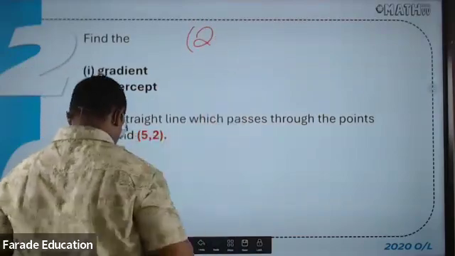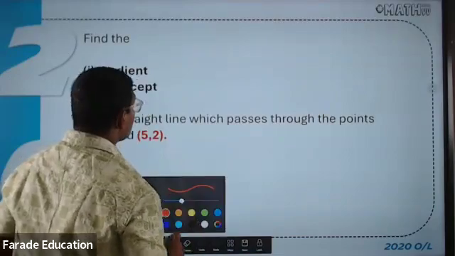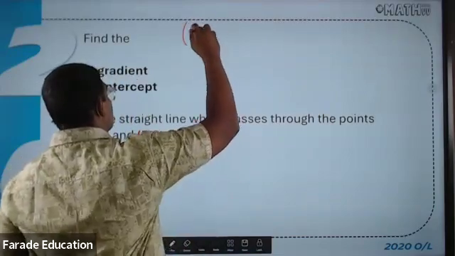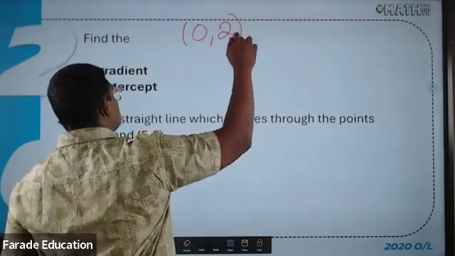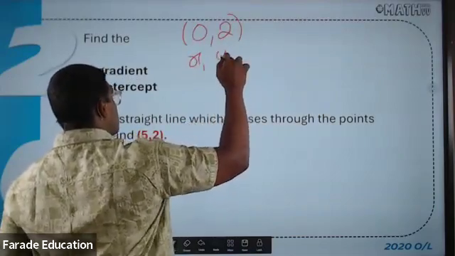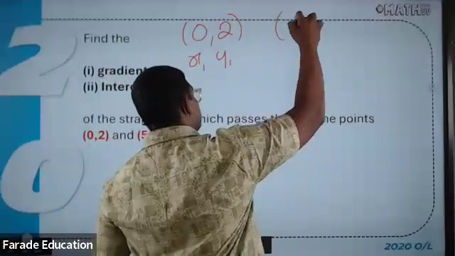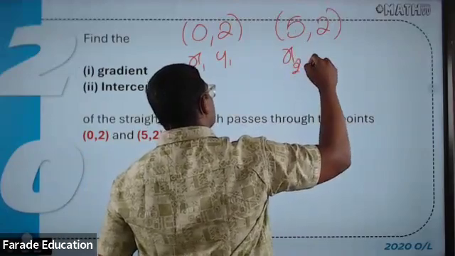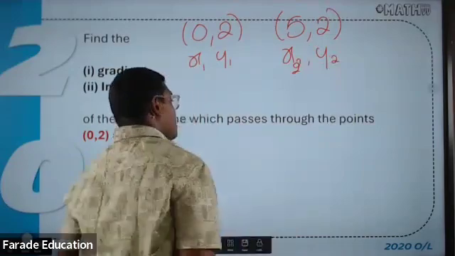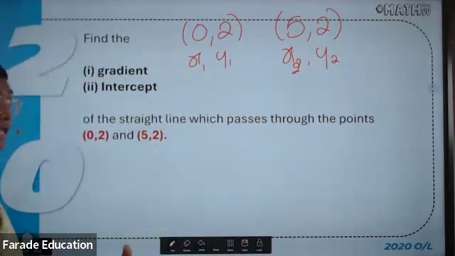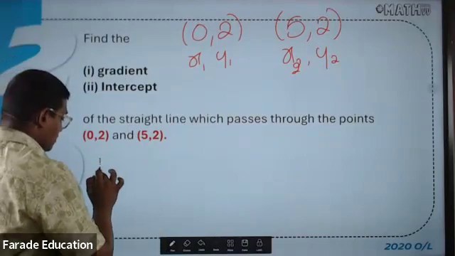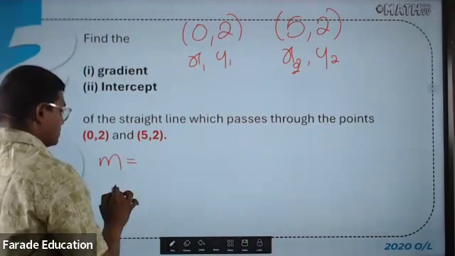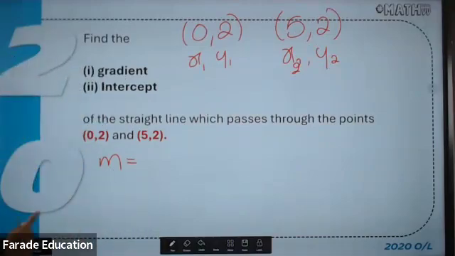The first one is 0, 2, which is x1, y1. The next one, 5, 2, x2 and y2. We know and we have studied an equation to find the gradient. Gradient equals, I think I might not have space here. I'll go to this side.